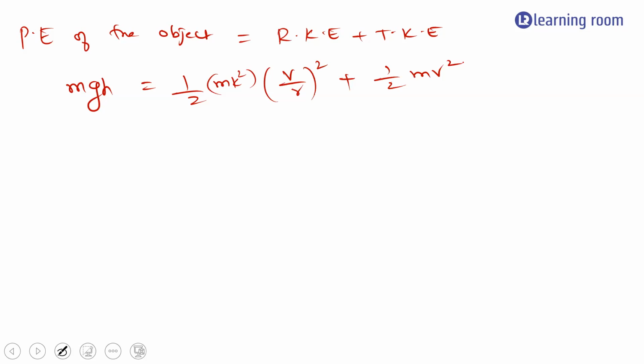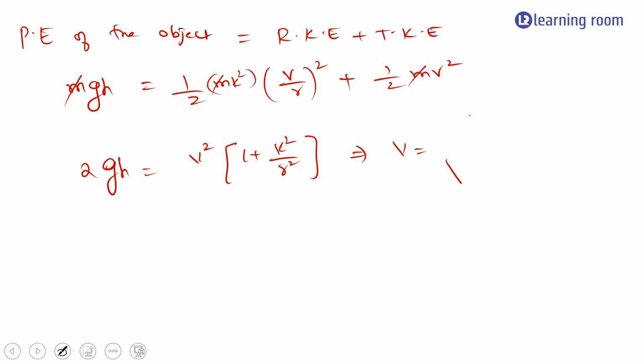So m is lost. Our job is to find the value of v. So gh will be equal to v square, I'll take the 2 to the other side, v square into 1 plus k square divided by R square, which implies v is equal to root of 2gh divided by 1 plus k square divided by R square.